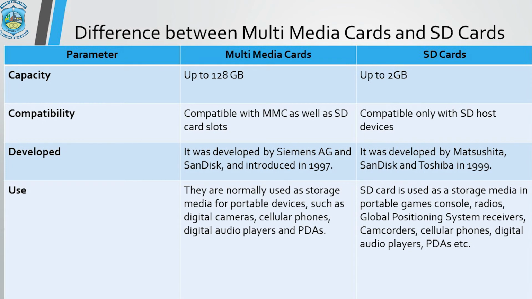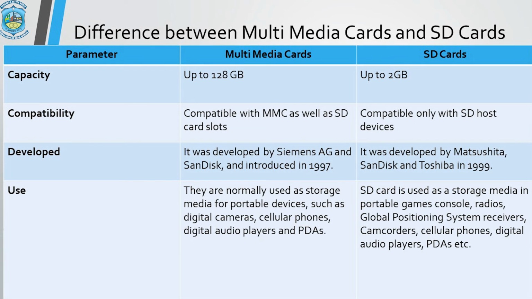If we talk about development, MMC cards were developed by Siemens AG and SanDisk and introduced in 1997, whereas SD cards were developed by Matsushita, SanDisk and Toshiba in 1999.